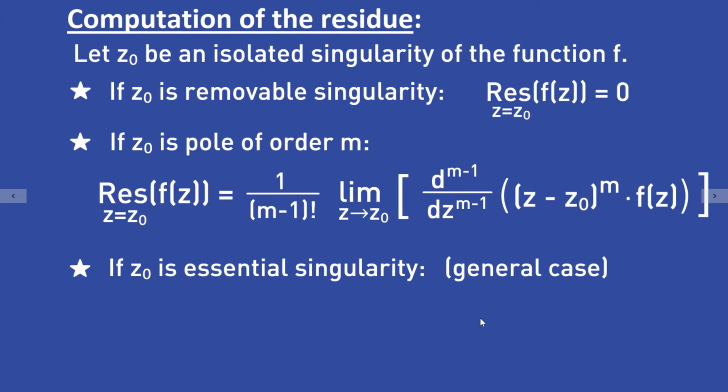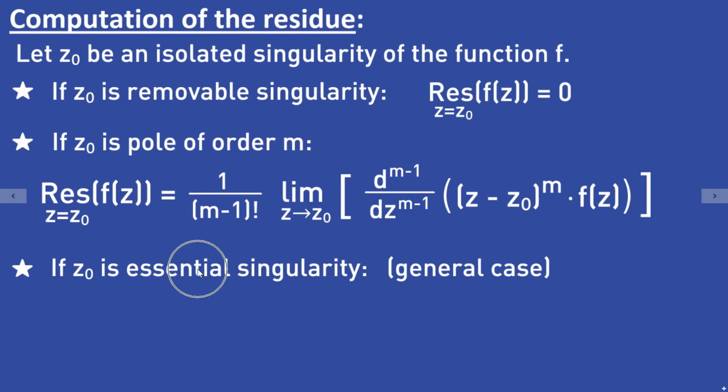If z0 is an essential singularity, you need the more general definition of the residue of a function. You have to calculate the so-called Laurent expansion of f at the essential singularity z0.